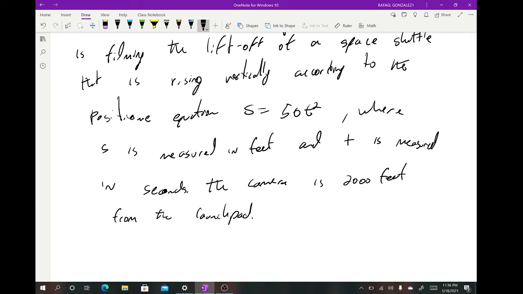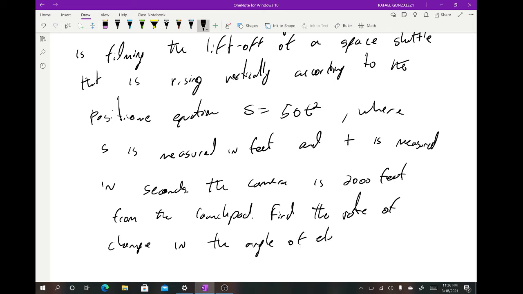Now the question is, find the rate of change in the angle of elevation of the camera at 10 seconds after liftoff.